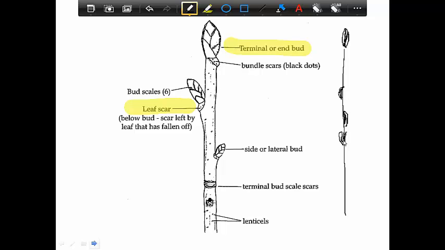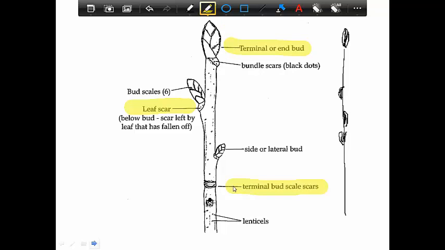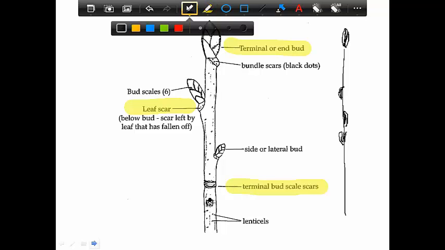We also have, as time goes on, some terminal bud scars that are where the tree grew from the last season. You'll see that as a little scar across, a little division even across the bottom of the twig, kind of a horizontal line that's going to appear, and that's where the new growth was.